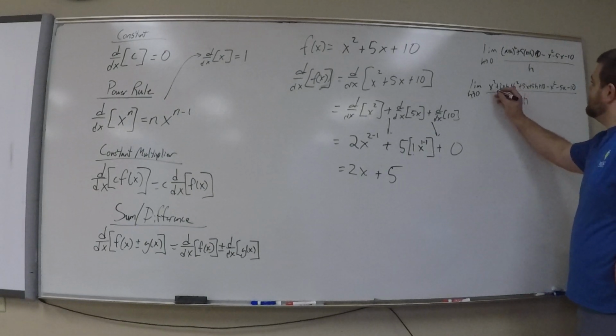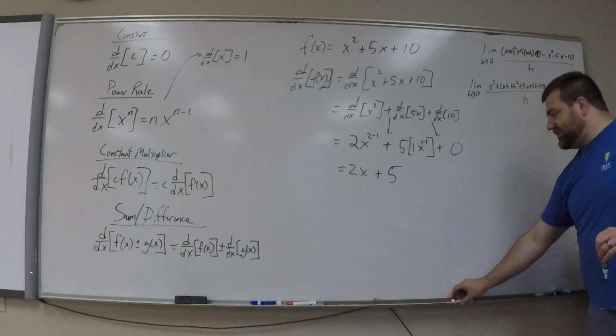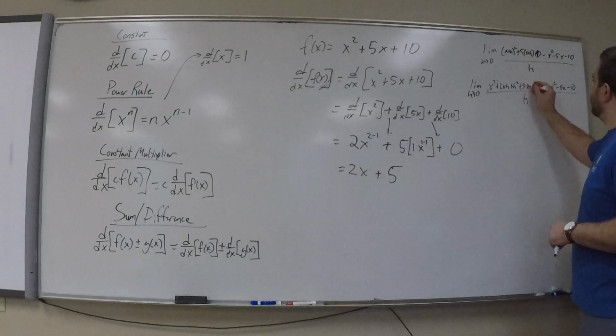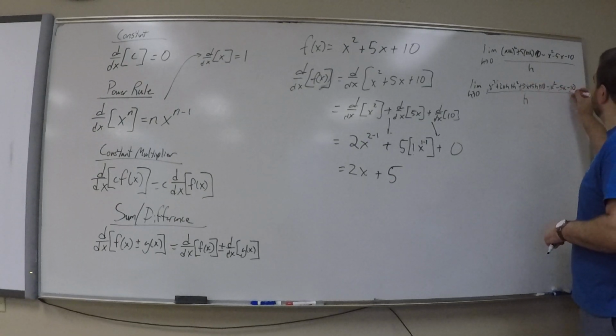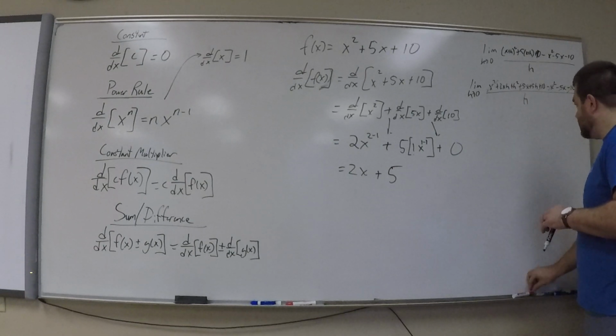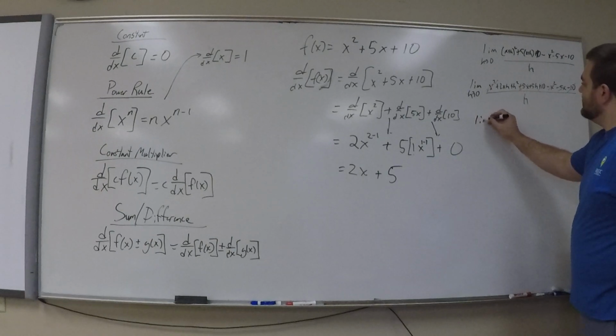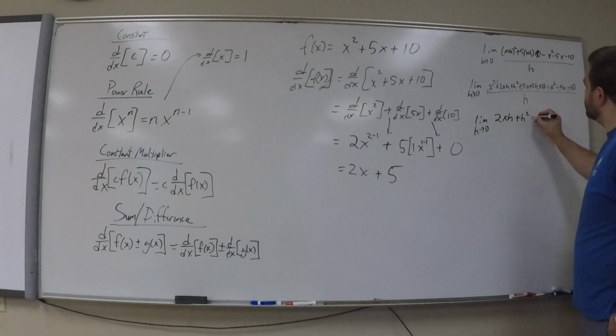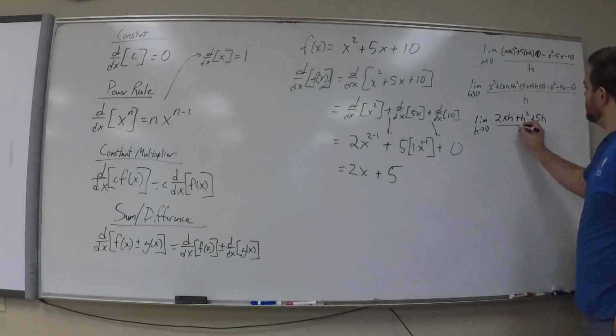So some reducing. Reduce, cancel, cancel, cancel, cancel. Yeah, that looks like it's it. So I'm left with a limit as h goes to 0 of 2xh plus h squared plus 5h over h.